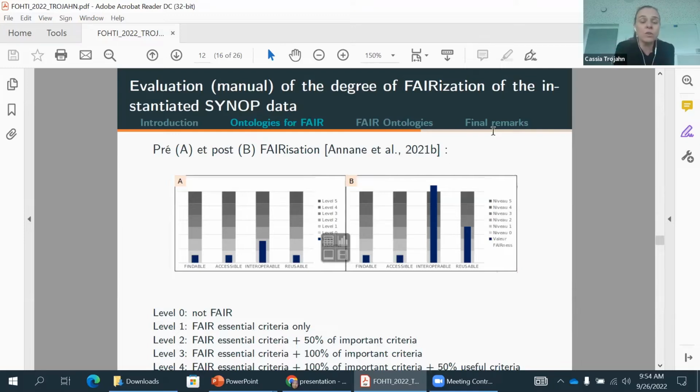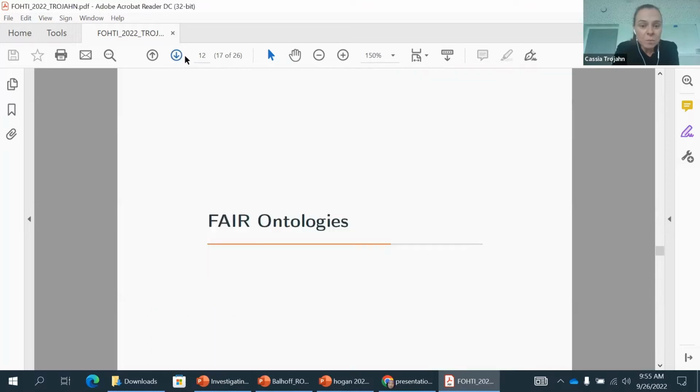You have a report in the references. You can access the detailed report on this evaluation. You have a user model for evaluating the shareability, and you can observe that the users can much better understand the data, and then they also use this data more. So just go to the next slide, please.